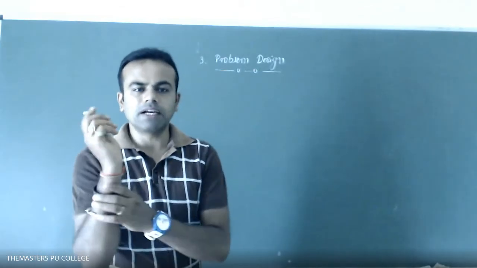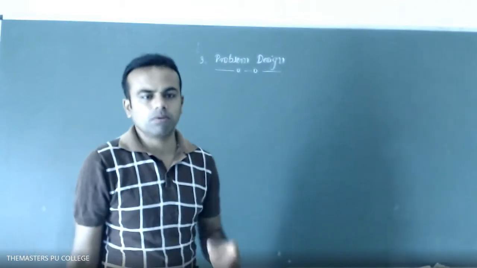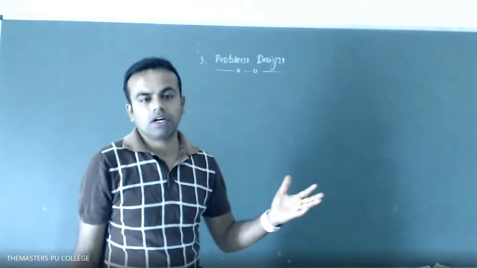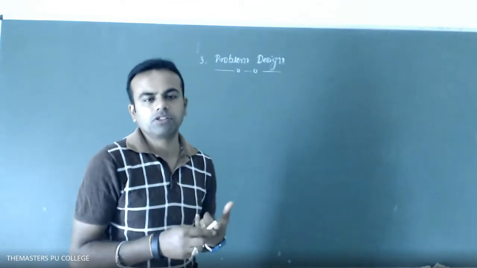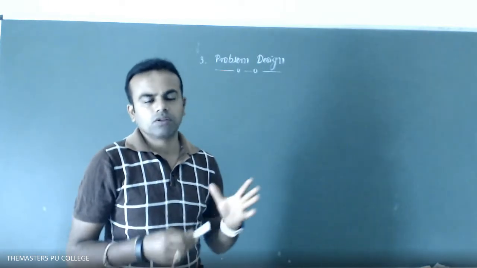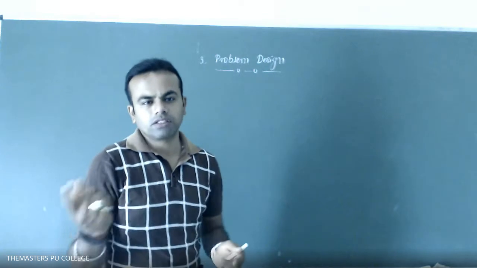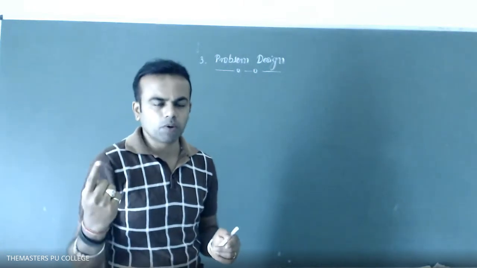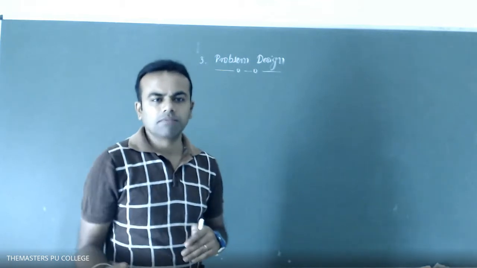Okay now. So problem solving technique introduction was done. Steps involved in problem solving technique: we have around 8 to 9 steps. The steps are problem definition, problem analysis, problem design, coding, testing, nothing but debugging. Next run the program, execute the program, and then documentation, saving the program, and the maintenance.